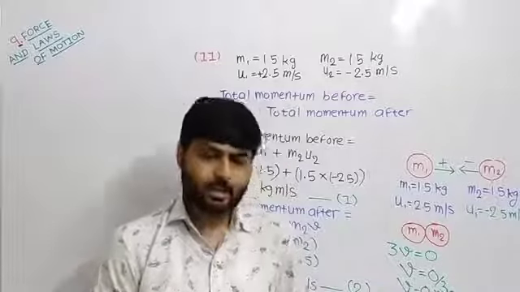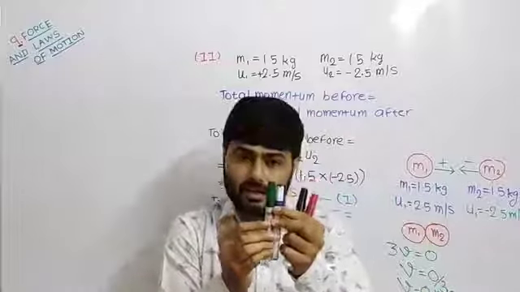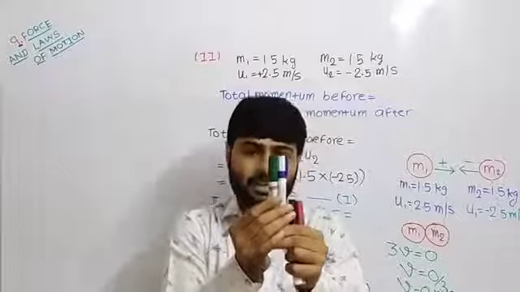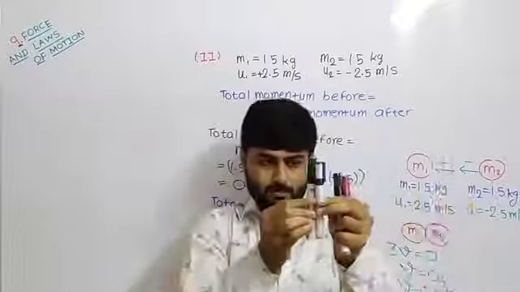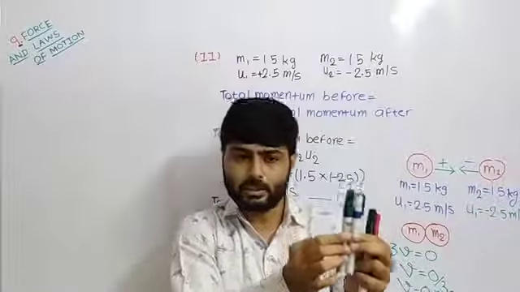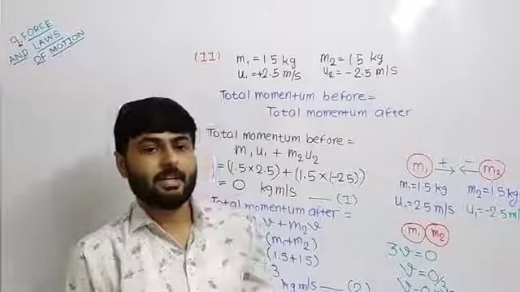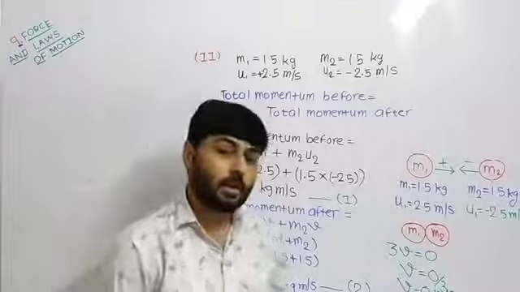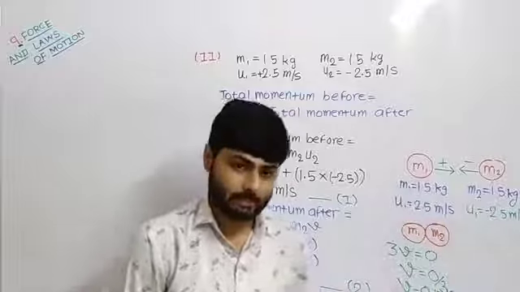It means that after collision they stick together and its velocity will be 0, which means it is in this situation. They come together and goes nowhere. This is the situation. So velocity after collision will be 0 meter per second. So I hope you got this example and understood the situation clearly.